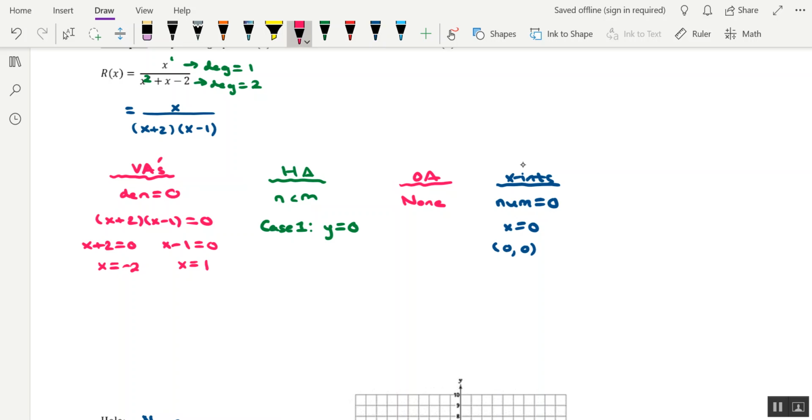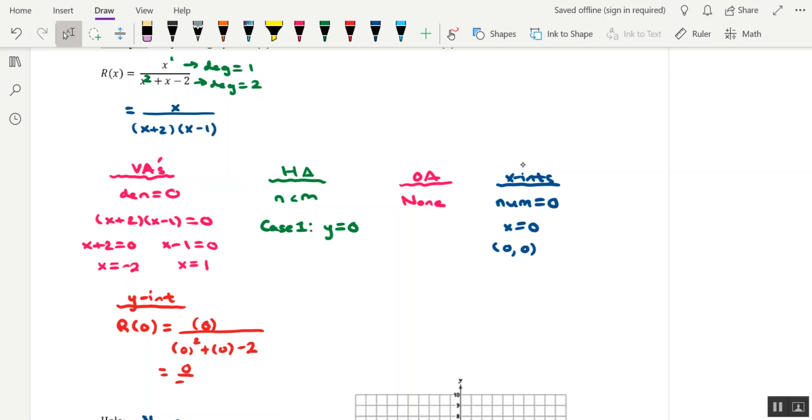Now for a y-intercept, what we have to do is plug 0 into the rational function. And what we would get, say if you use the standard form version, is 0 on top of 0 squared plus 0 minus 2, which simplifies to 0 over -2, which simplifies even further to 0.